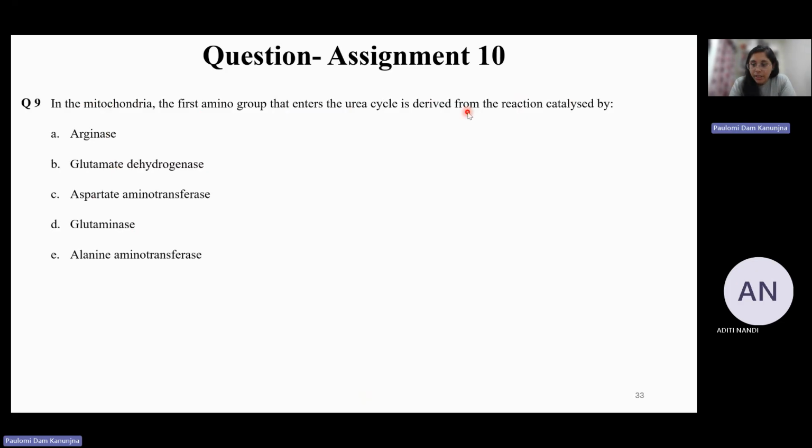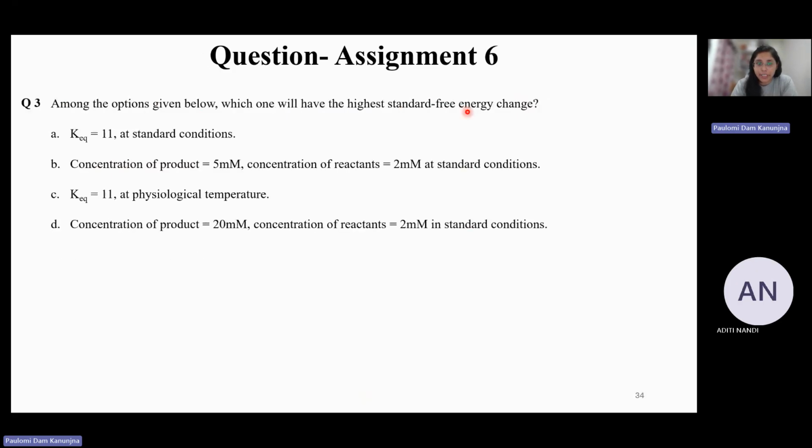No, it's okay. You can revise the urea cycle and you will remember we had discussed glutamate dehydrogenase and then glutaminase. So these are the enzymes that are important for the first step. Just a revision step. It's okay if you don't remember right now.